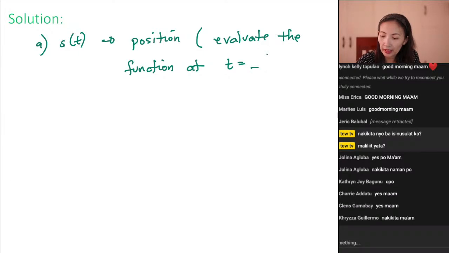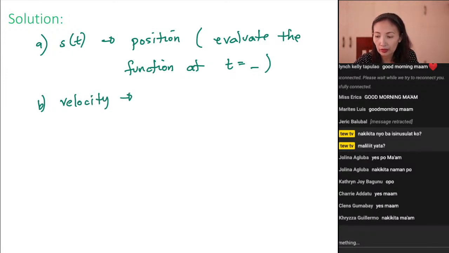For letter B, if it asks for velocity, you only have to take s prime of t, the first derivative. So for letter B, what's the function given?